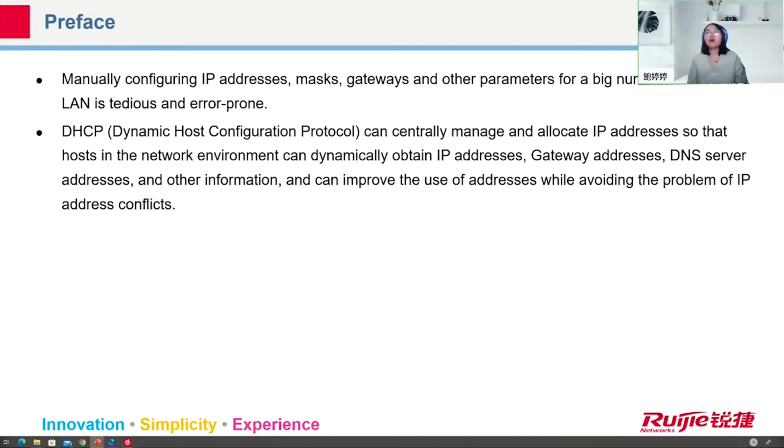The terminal doesn't need to configure the IP address again. It only needs to enable the DHCP function, and then the terminal will ask the server, please give me an IP address, and we will send out the message and then get a reply. It also gets the gateway address, DNS address, and so on. So this is the function of DHCP.